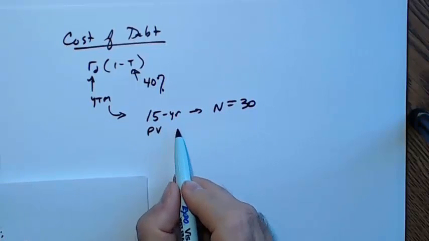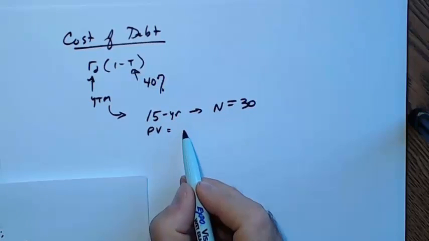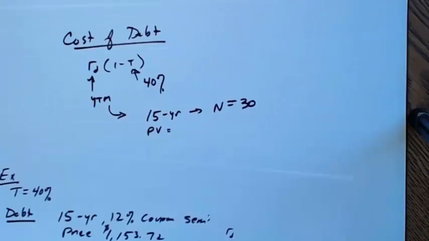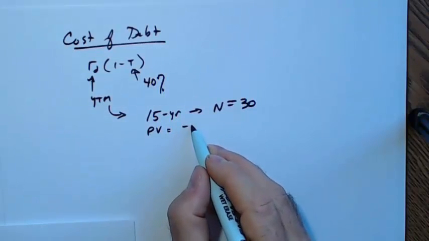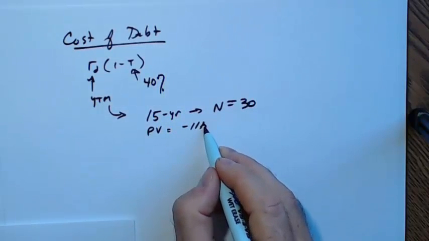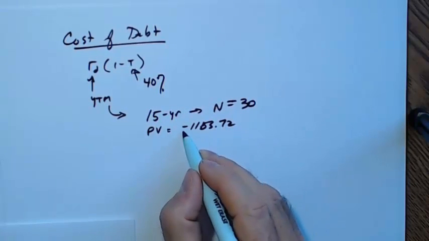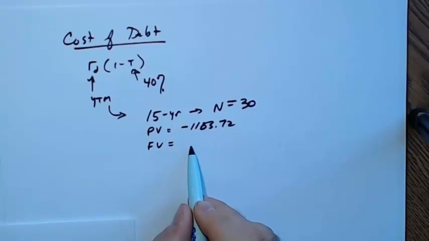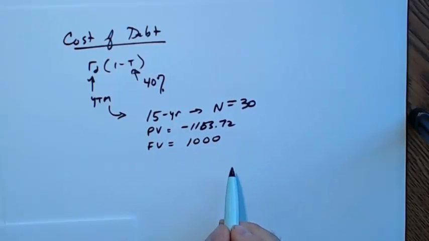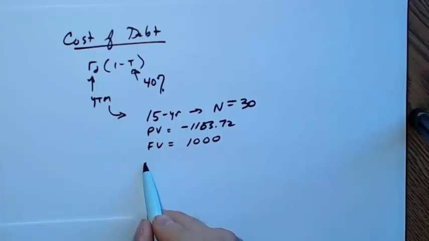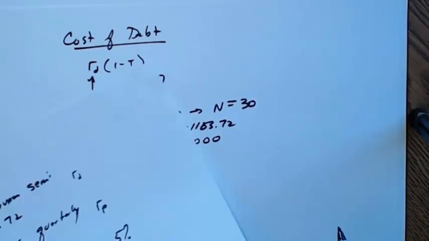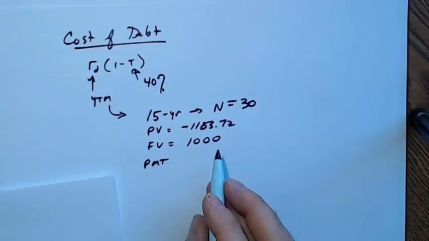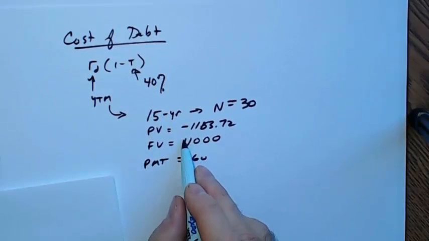The present value of the bond is the price of the bond, and the price of the bond was $1,153.72. Put a minus sign in there, and we'll assume that the face values and the payments are positive. It'll mature at $1,000. The payments will be the 12% coupon, which is $120 divided by 2. So the payments will be 60, and those are positive.